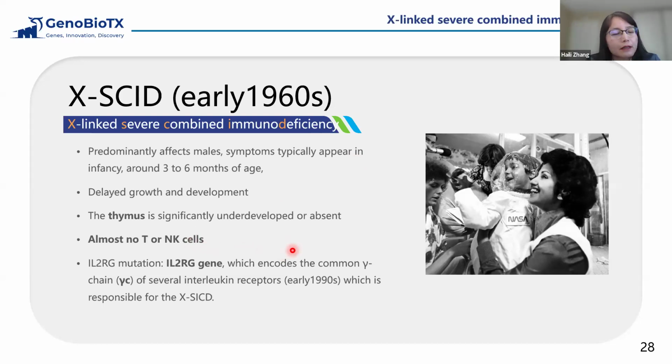So in the early 1990s, researchers sequenced the IL-2 receptor gamma gene and confirmed that mutation in this gene was responsible for the X-SCID human disease.